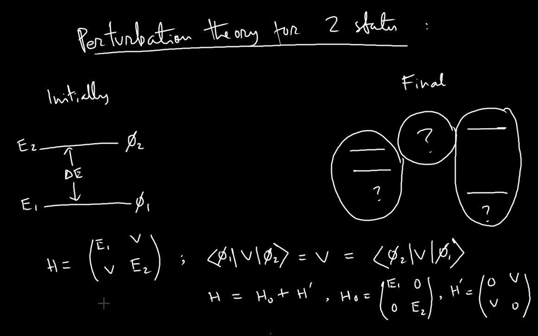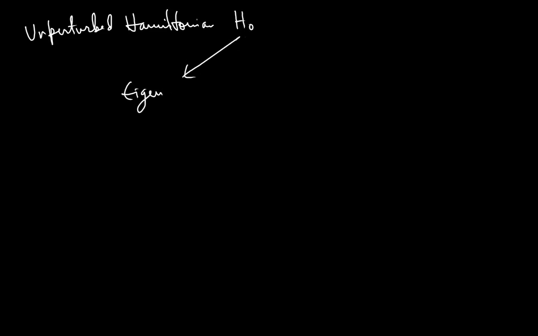The unperturbed Hamiltonian is H0. Its eigenvalues are basically E1 and E2.